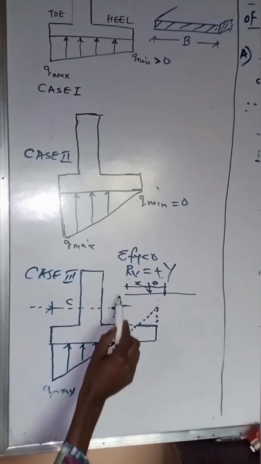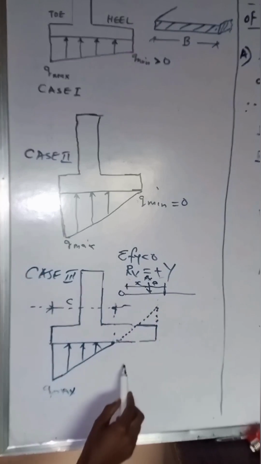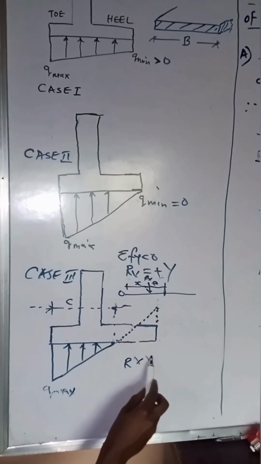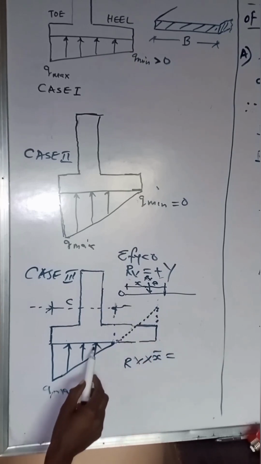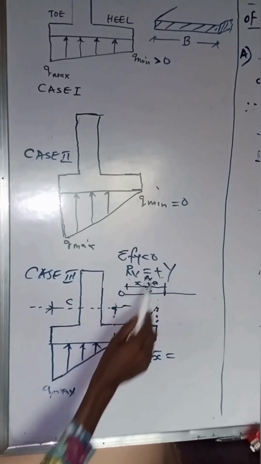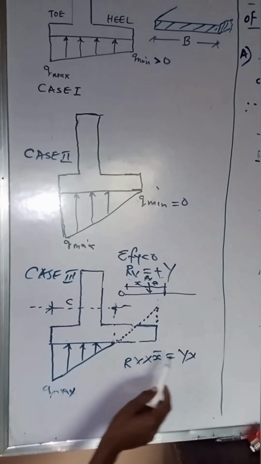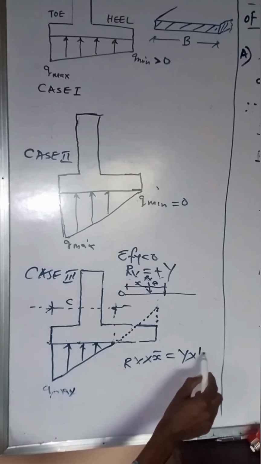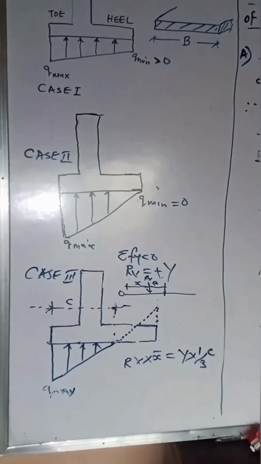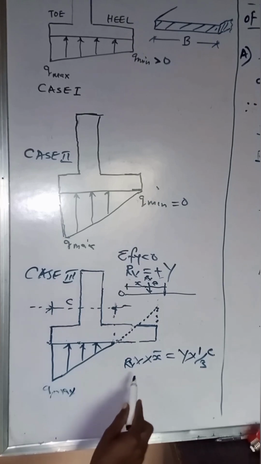So if we take moment about this point O, and this is our resultant force, which is RV, we are saying that RV times our moment arm will be equal to, for the triangular load, let's call the load Y. So it will become Y times the centroidal distance from here to here, which is 1/3 of C.